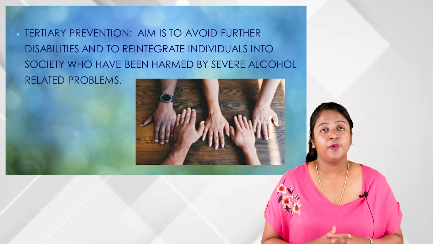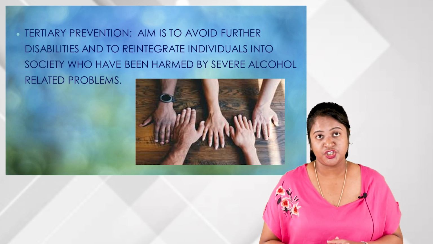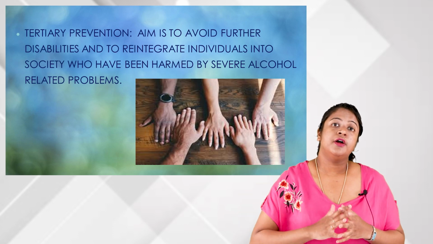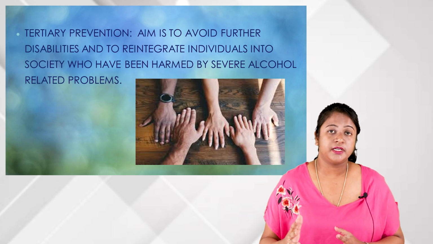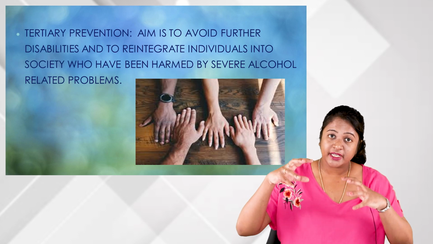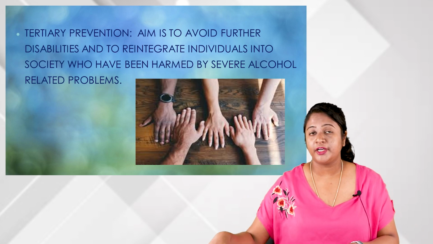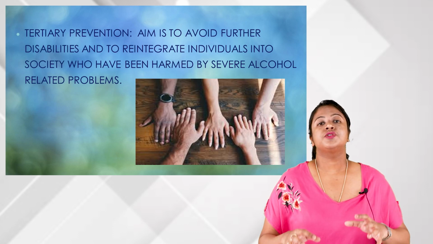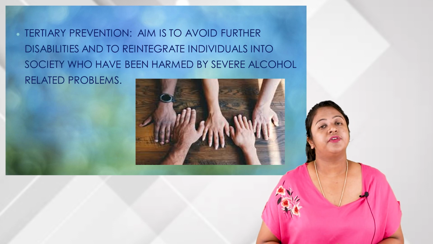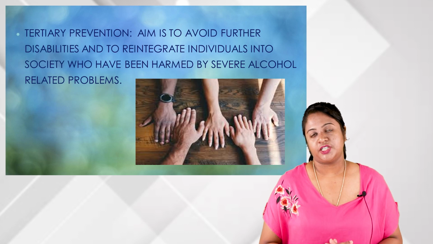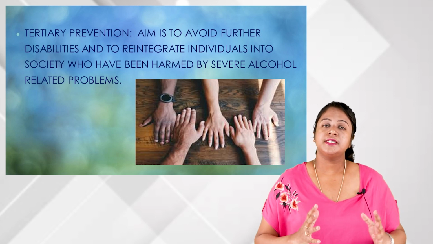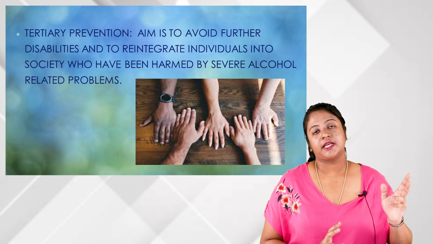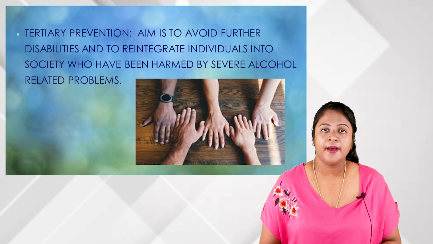So you're going to reduce the further disabilities and reintegrate those people who have previously been addicts into the society, so that the society is free from alcohol related problems, right? So this is the role of a nurse in the primary, secondary as well as the tertiary prevention.